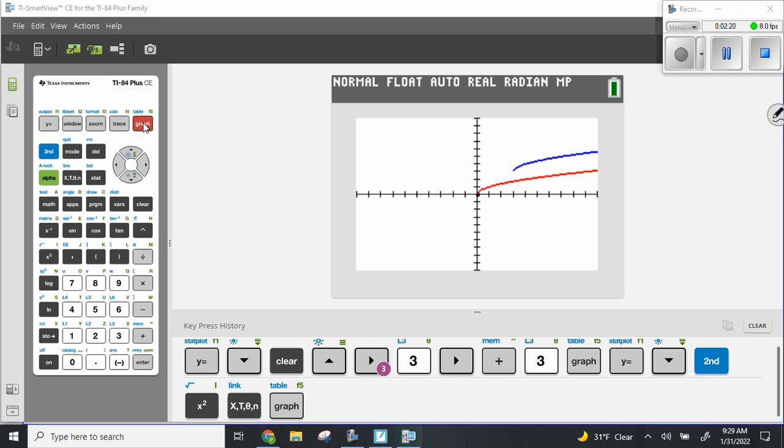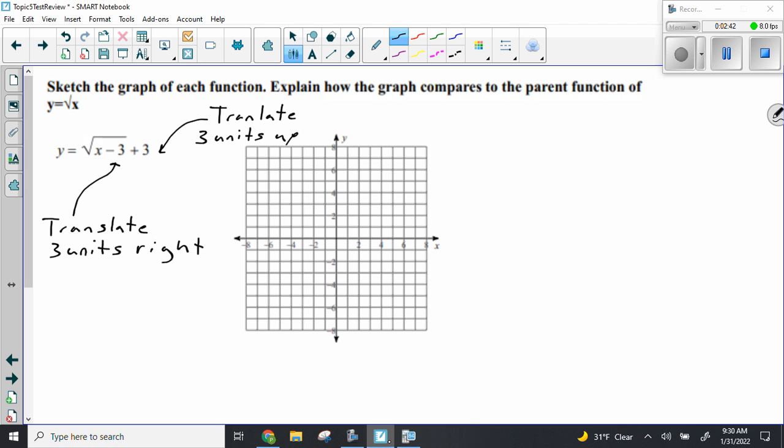Let's compare some points. We have the point (0, 0) here. Where did this point go? It went 1, 2, 3 units to the right, and 1, 2, 3 units up. So if I need to graph this, I will put that point on there, 1, 2, 3, 1, 2, 3 right there.